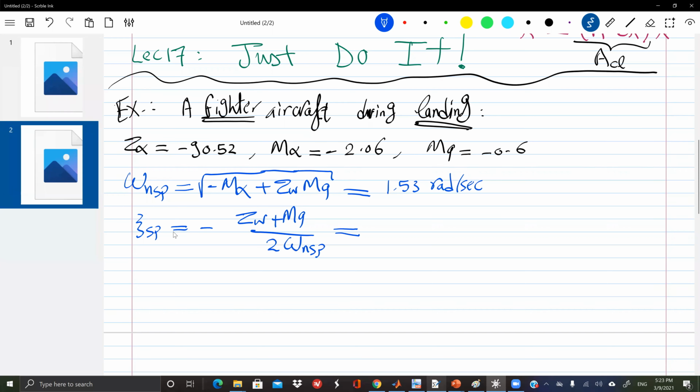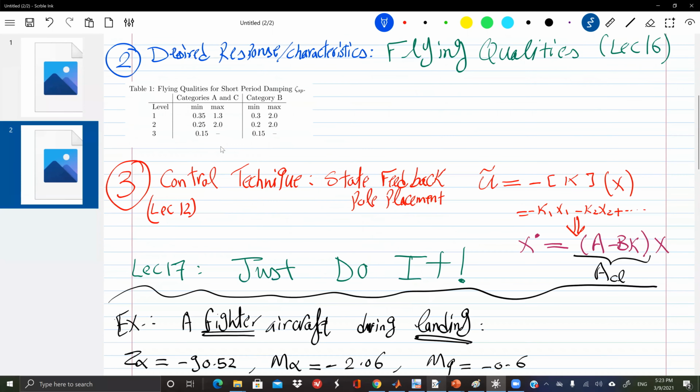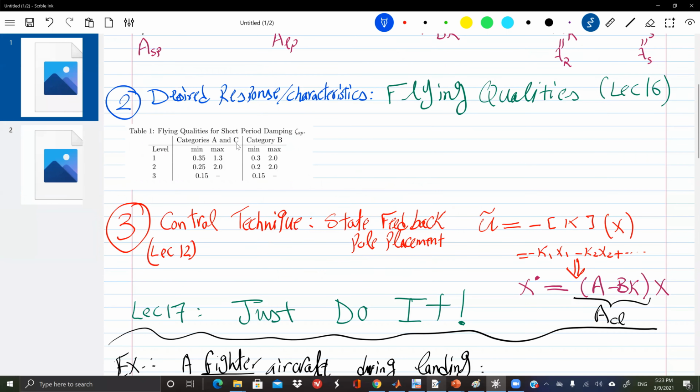Direct substitution gave us zeta to be 0.34, if you remember this. I can use this table in two manners, one for analysis and one for design. For analysis, I'm analyzing an already given airplane to determine the level of flying qualities. Would it fly good or bad? I have airplane characteristics.